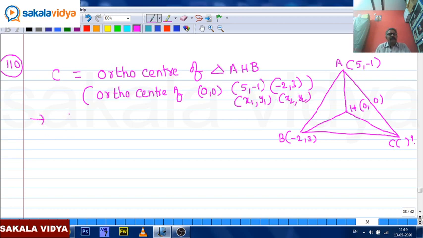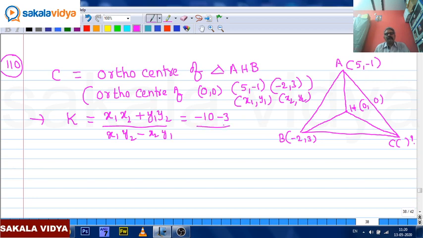First find k value. K equals x1 x2 plus y1 y2, divided by x1 y2 minus x2 y1. x1 x2 means minus 10, y1 y2 is minus 3. Now x1 y2 is 15, minus x2 y1, which is minus 2 into minus 1, so the denominator is 13. So k is minus 1.